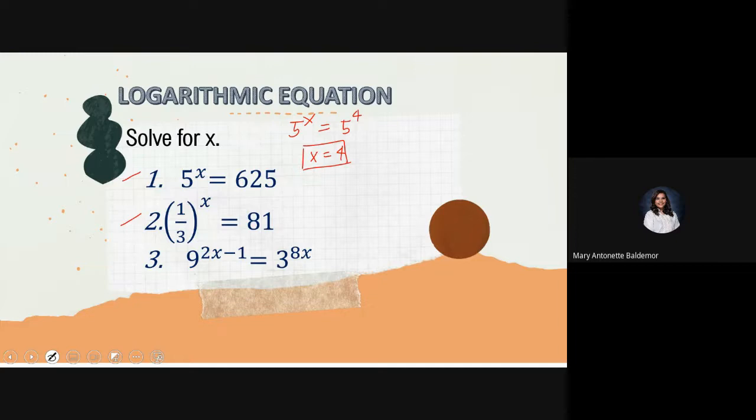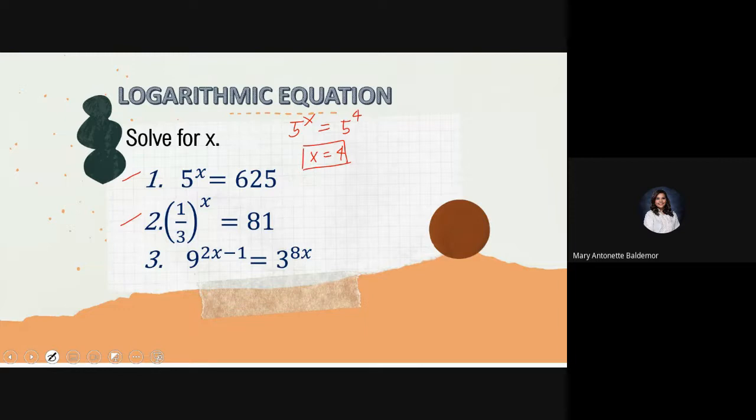Okay, so we can try 3 times 3 is 9, times 3 is 27, times 3 is 81. So that means that we can rewrite 81 as 3 raised to 4.